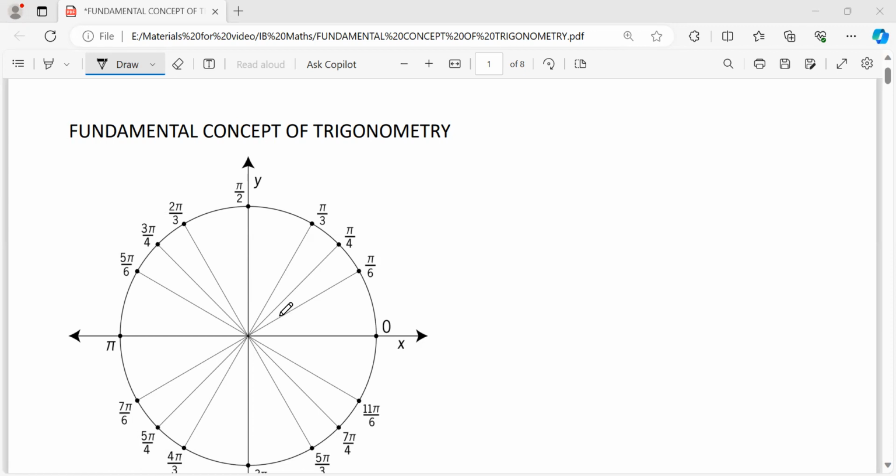This one. Okay. In this circle diagram of trigonometry, I'm going to create a triangle. Pay attention to this triangle. This triangle has coordinates.